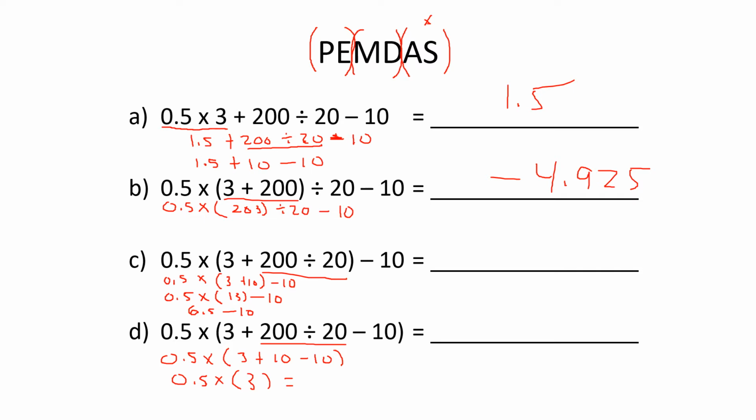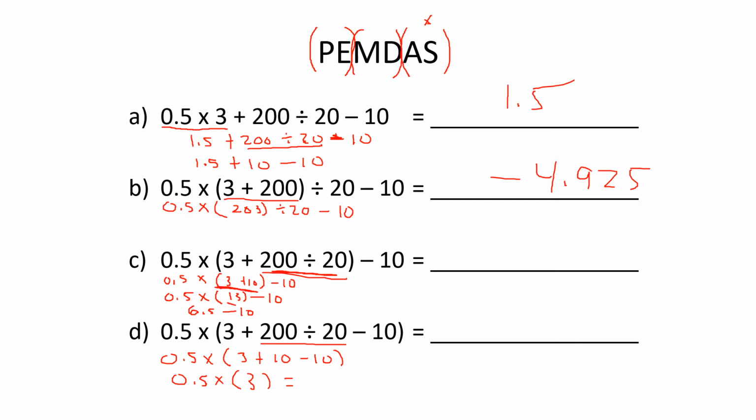All right, for C, the first thing we do is in the parentheses. So we're going to divide 200 by 20. That's going to give us 10. So still inside the parentheses, now we do the 3 plus 10 inside the parentheses.